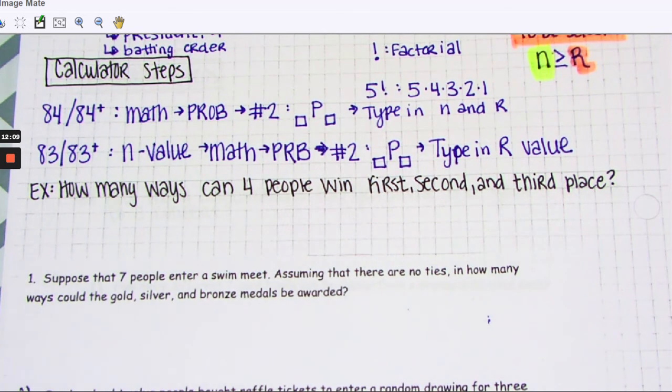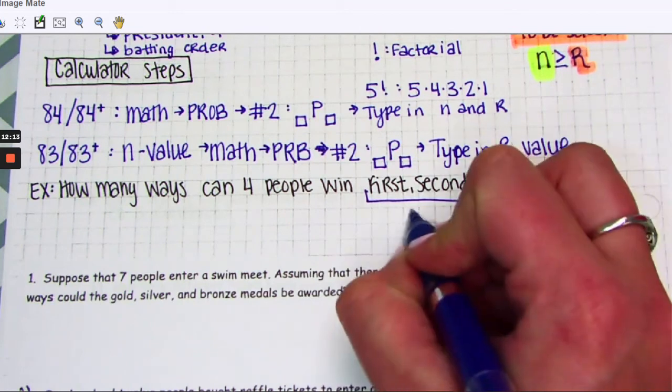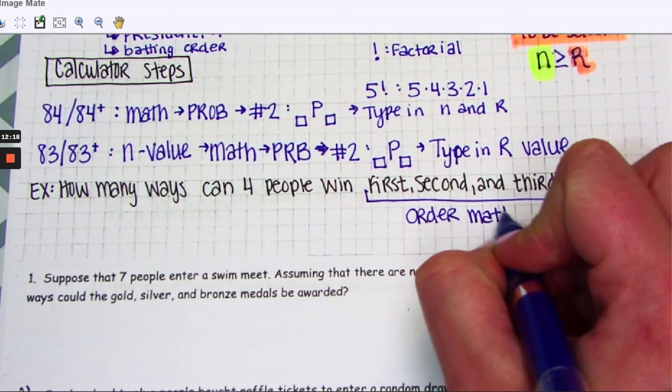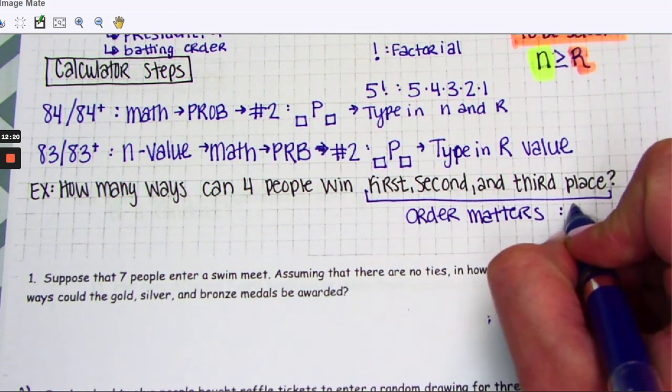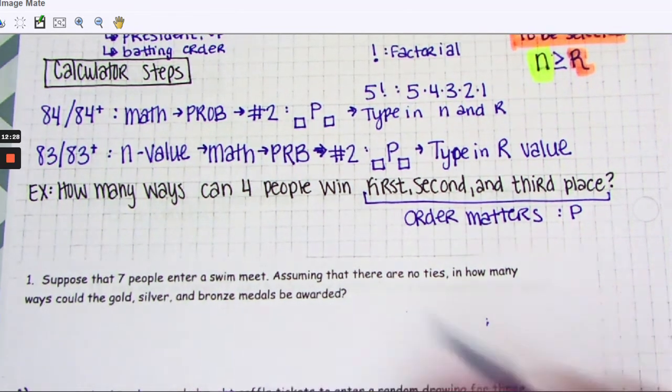Yes, it does. This is my clue that the order matters, which means I should be using permutation. When we learn combination, when they're all mixed in, it's important to analyze the question. Does the order matter? Yes, it does. So this lets you know we're using permutation.